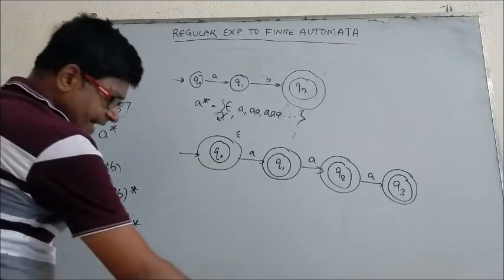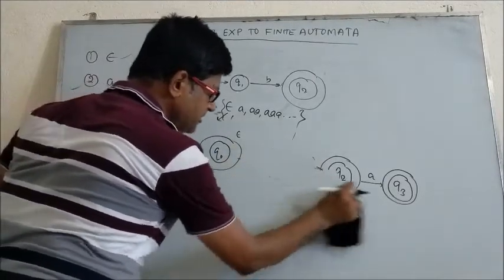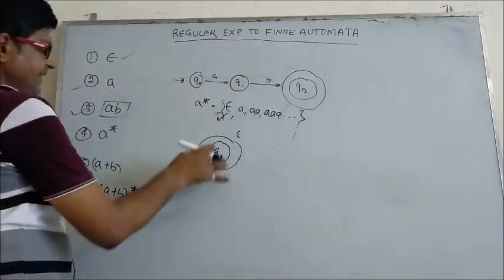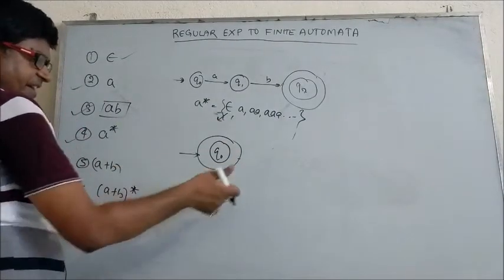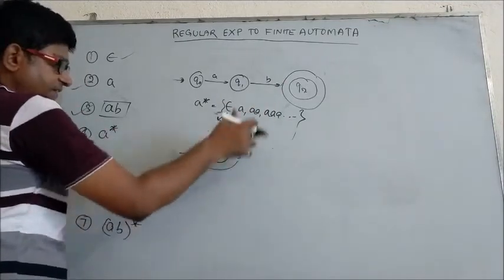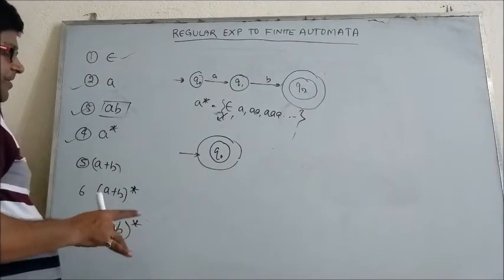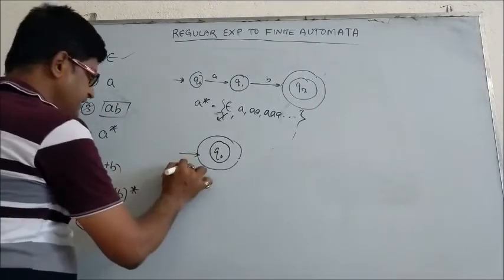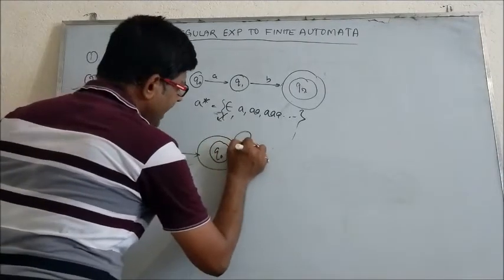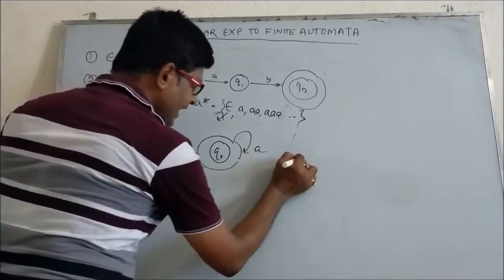For example, if I reduce all these states and try to apply these strings on this finite automata one by one, see whether it is possible or not. Say for epsilon it is right. Suppose I have to give A. So for A I will just put a loop, that is A. So how will it be read?